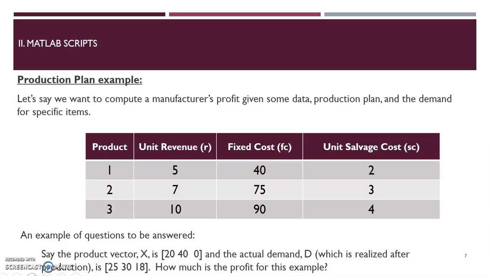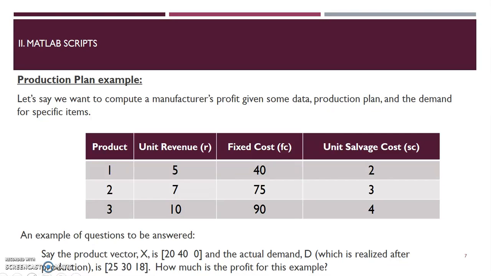For example, we know that once we decide to produce product 1, there will be a fixed cost of 40, and this cost does not depend on how many product 1 will be produced. Finally, we know that if we cannot sell a product, we have to pay some cost as the salvage cost to get rid of that product. This cost is computed per unit.